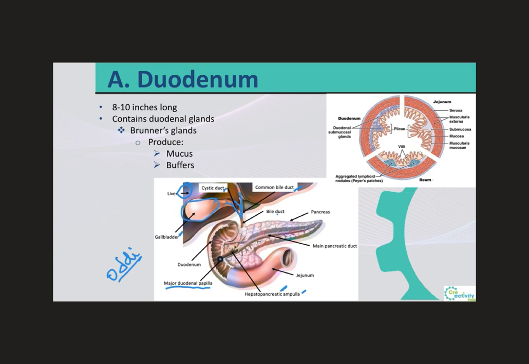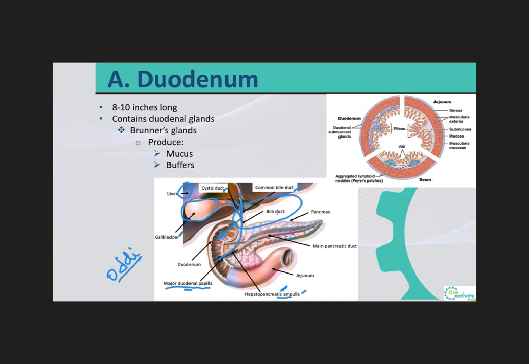When needed for fat digestion, and we will talk more about this later on, the bile that's stored in the gallbladder will come down through the bile duct and empty into the duodenum, passing first through the hepatopancreatic ampulla and then through the major duodenal papilla and ending in the duodenum, where the fat is going to be present because it's coming from the stomach and emptying into the duodenum.